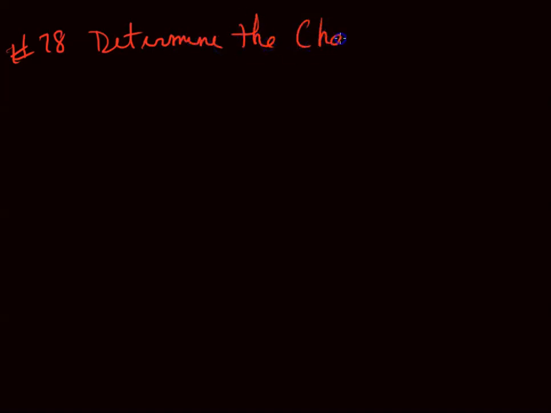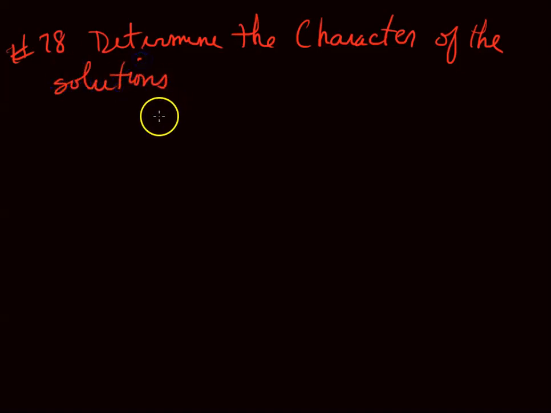Suppose you didn't want to solve this, and you'll be asked to not solve, but we just want to determine the character of the solutions for number 78. So the character of 4x squared plus 12x plus 9 equals 0.